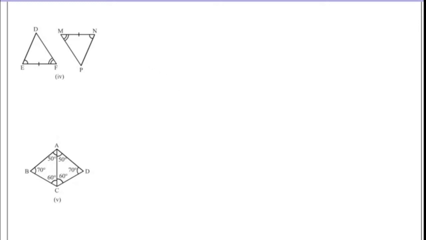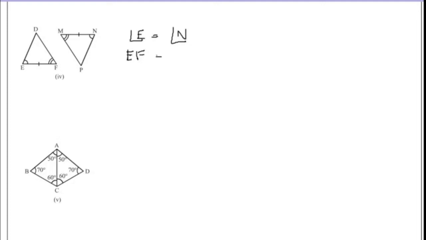So you can guess which property we are going to look at. It's going to be ASA because we have two angles and one side. So now let's look at what are the two angles which are equal. So first angle, let's take angle E is equal to angle N. Then what is the side which is equal? Let's always remember that the side has to be in between the two angles.